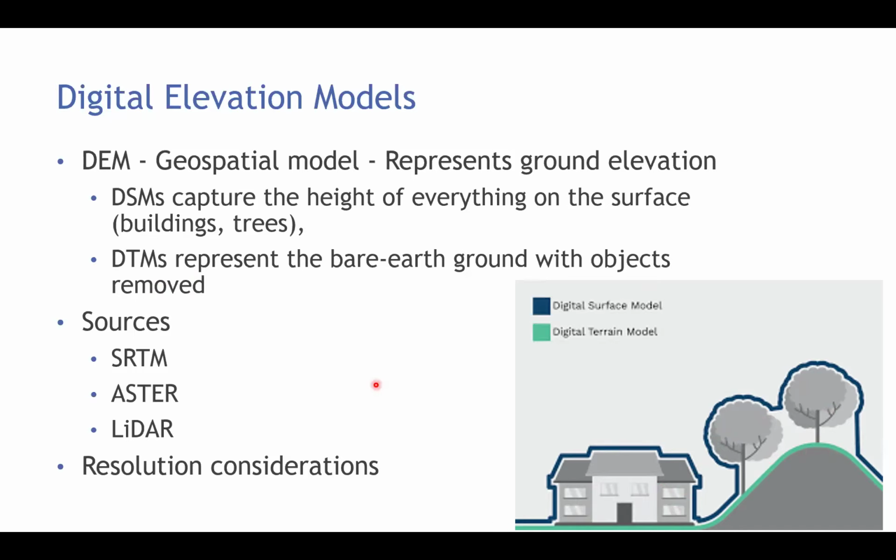So if I want the digital terrain model, I have to use LiDAR. If I am using sources such as SRTM DEM or ASTER DEM, I am going to get only the digital surface model.